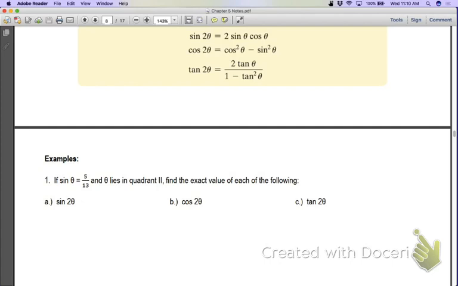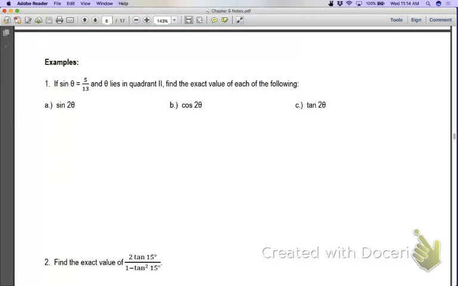Obviously sine's positive, but cosine is going to be negative since we're dealing with quadrant 2. So before I do anything, I need to know what x, y, and r are. I have x, y, and r, which is 13. Sine deals with y, and that is 5.